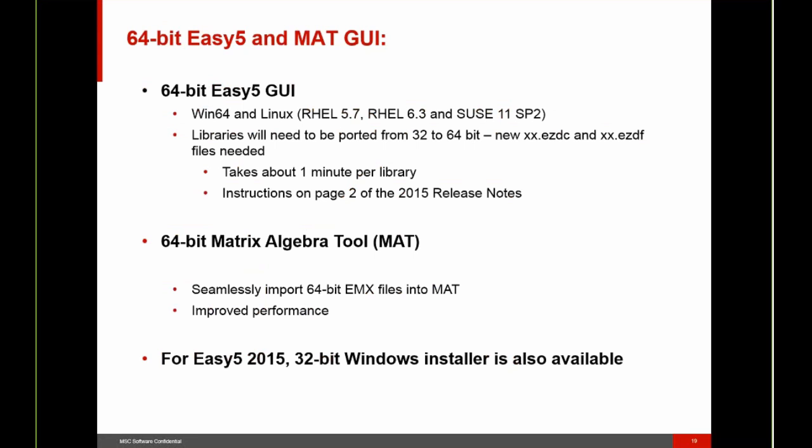With Easy5 2015, you now have 64-bit GUIs available for Windows 64 and 3 Linux platforms, Red Hat 5.7, Red Hat 6.3, and SUSE 11 Service Pack 2. These are full 64-bit implementations.